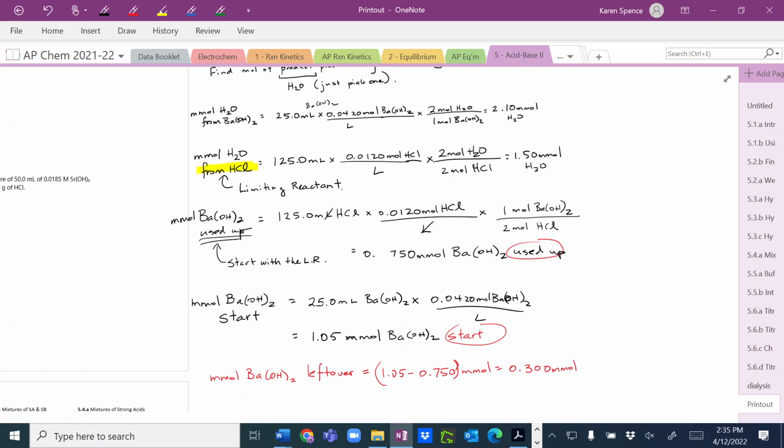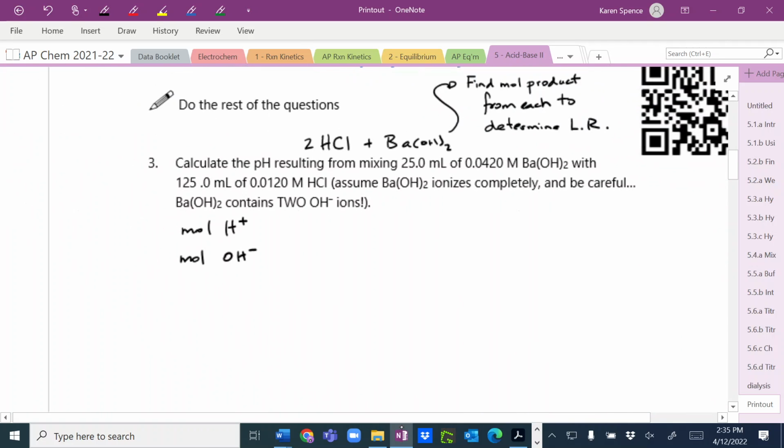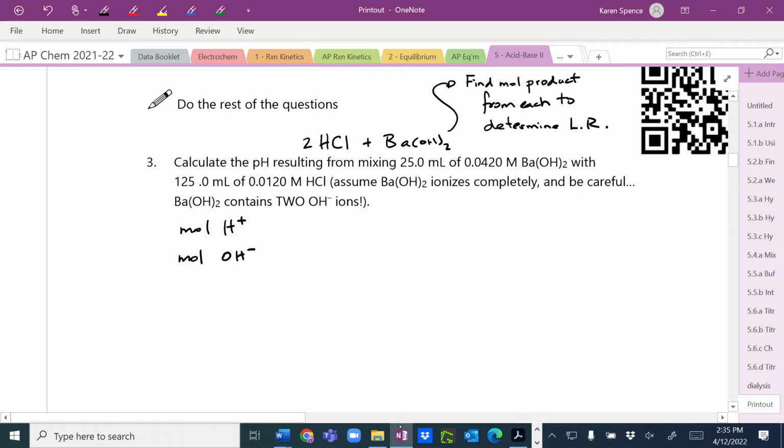Now, what if instead we simply said, I'm going to find my moles of H plus and my moles of OH minus instead. And I'm going to look at my net ionic equation, which is H plus plus OH minus gives H2O.